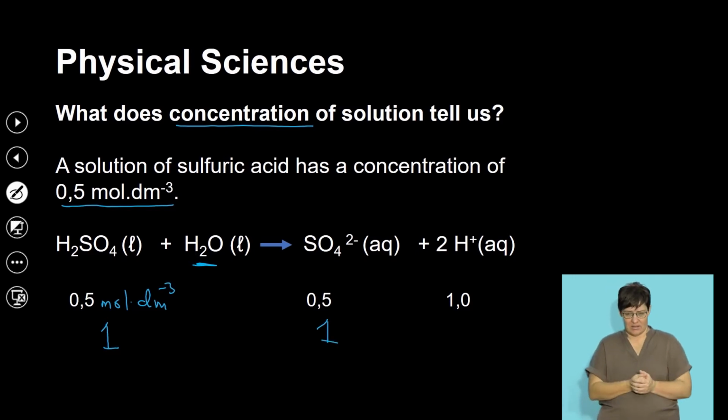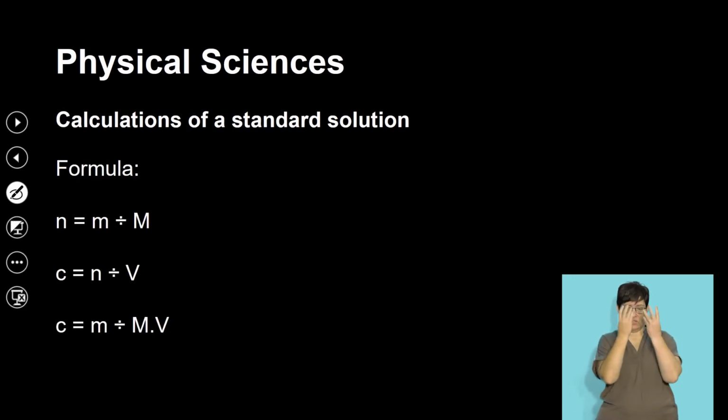Why is it that the concentration of the H+ ions is double that? It's because for every mole of sulfuric acid, there is double the number of moles of the hydrogen ions, which is why the ratio is 1:2. So this is what exactly the concentration of a solution tells us in as far as the standard solution, right?